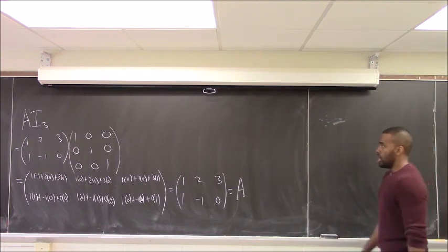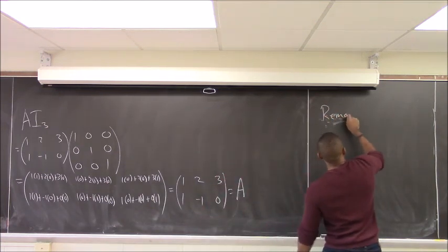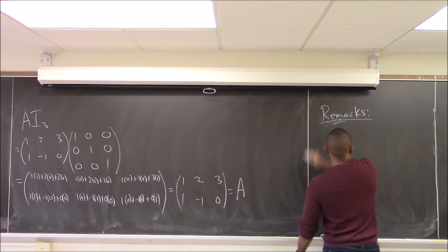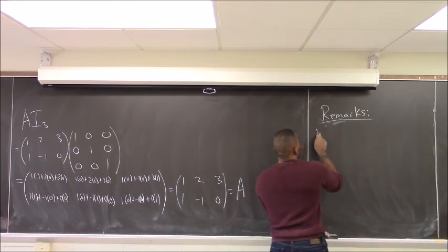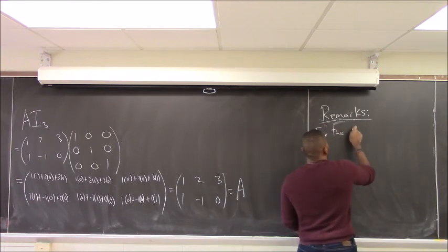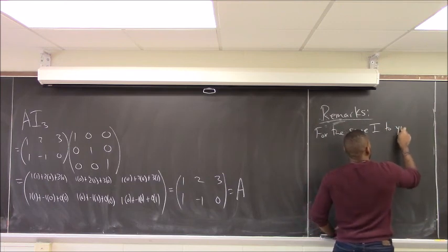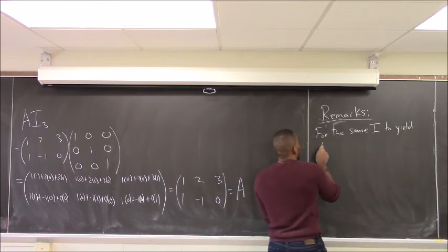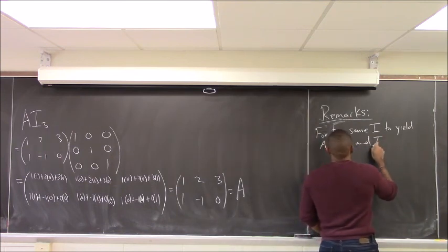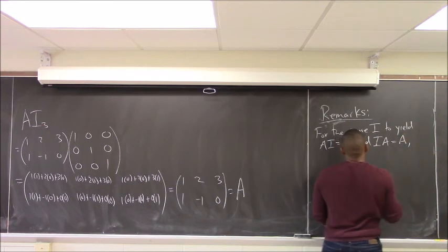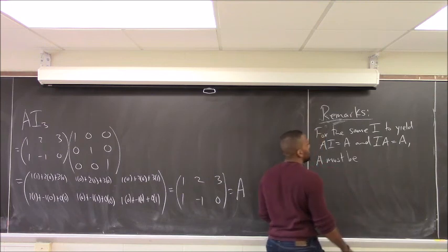Now, here are some remarks. For the same I to yield A times I equals A, and I times A equals A, A must be, what do you think?